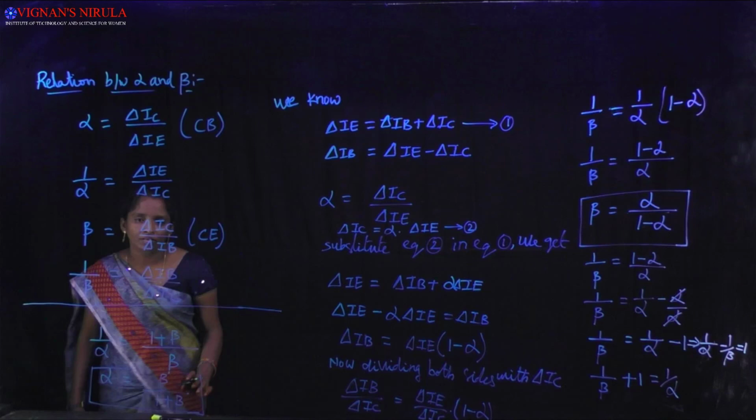Beta equal to alpha by 1 minus alpha: if alpha reaches 1, beta goes to infinity. So while designing the transistor, we have to take care of the beta and alpha values. Alpha value should be less than 1. Then beta will be in the range of 20 to 200.